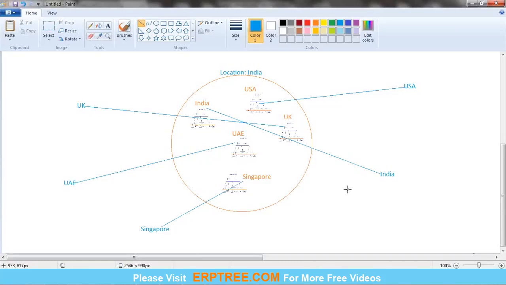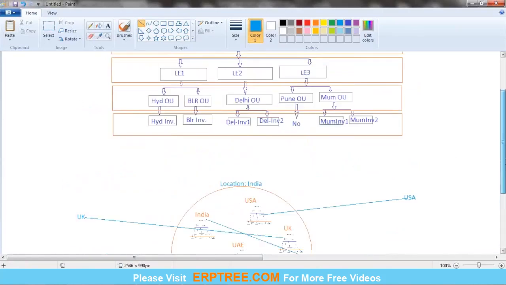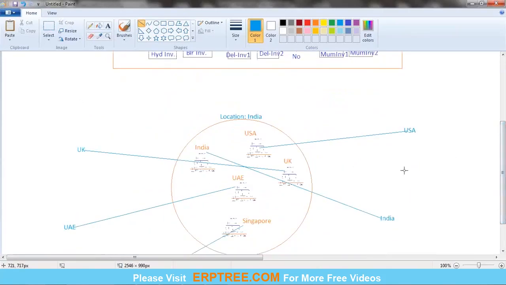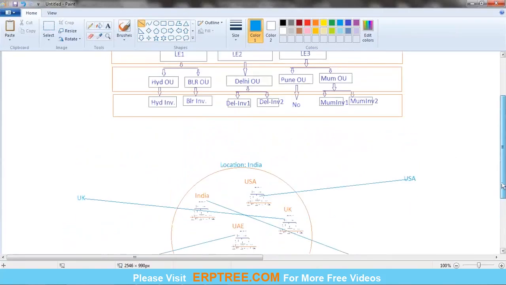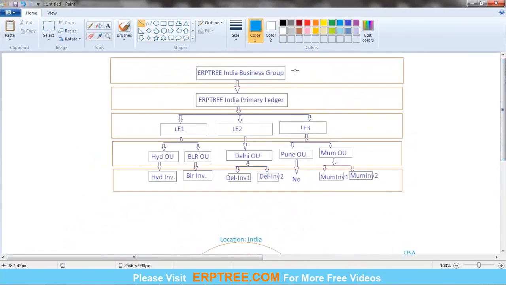The India instance is the same, but for the India multi-org, whatever data you have cannot be accessed by any other country. In the same way, within the same multi-org, what are the levels you have? If you take the example of this India multi-org structure, within it the data will be segregated business group wise, primary ledger wise, legal entity wise, operating unit wise, and inventory organization wise.